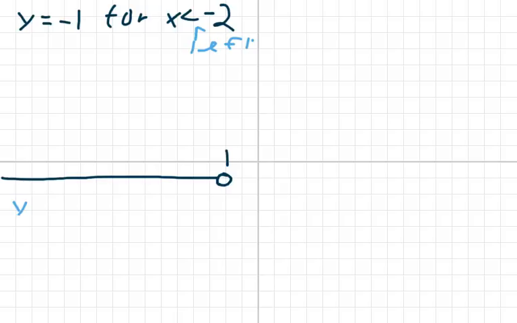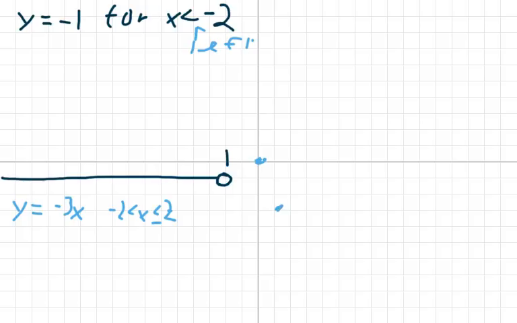Now for the middle, I got y equals -3x from -2 to +2. And so when I graph -3x, I start at 0, 0.